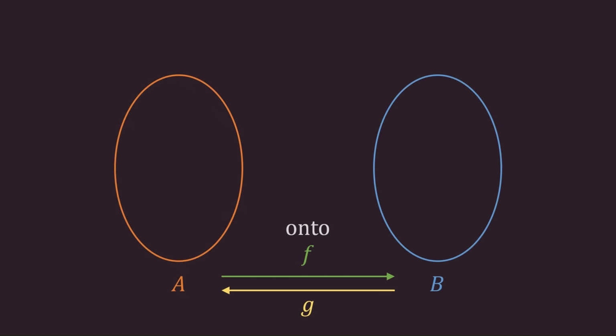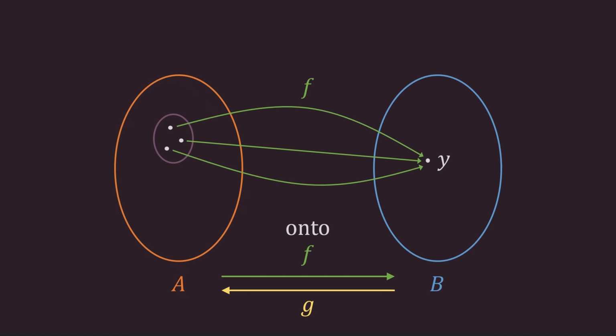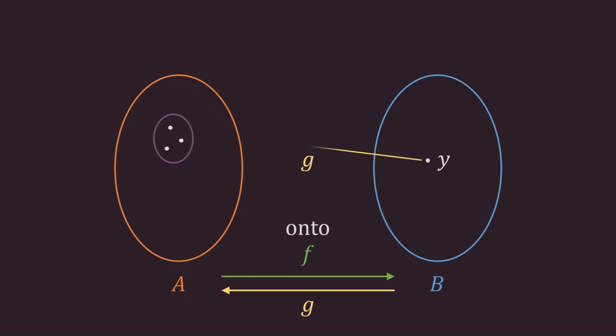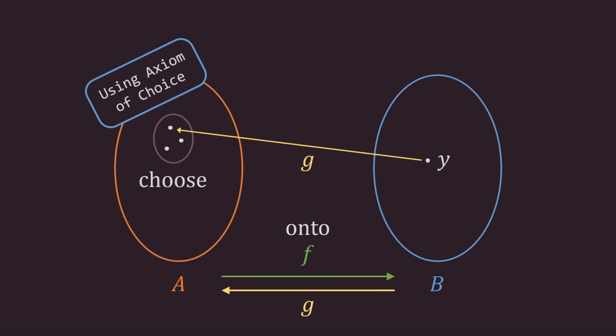Since f is onto, it means that for any y in b, there exists a non-empty subset of a which maps to y under f. Define g such that g of y chooses an element from this subset using the axiom of choice. And we know that this maps back to y under f. Hence, g is the right inverse we're looking for.